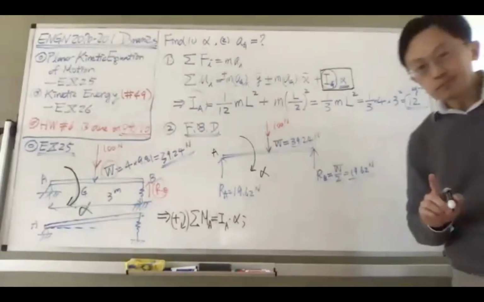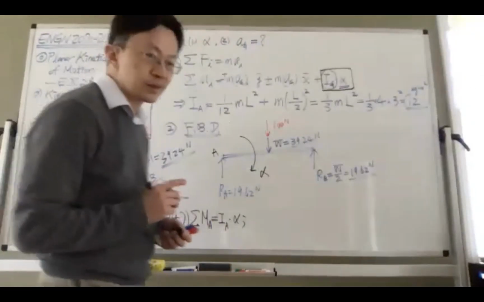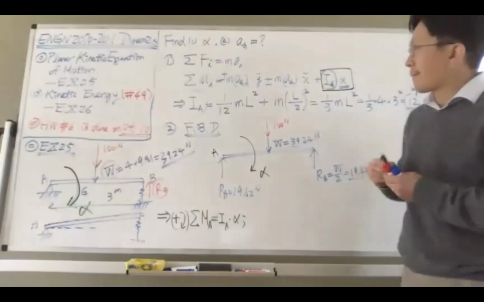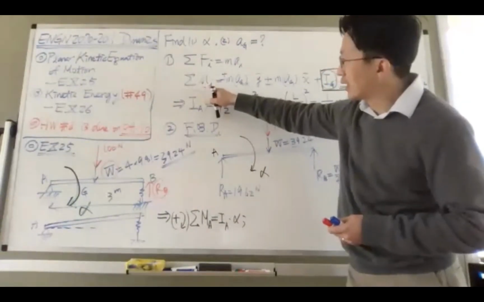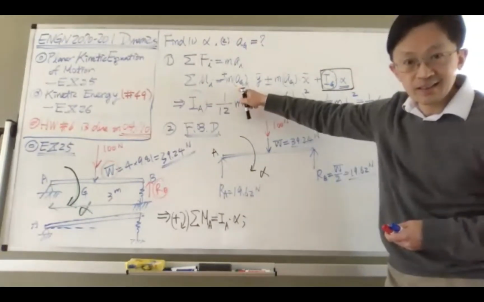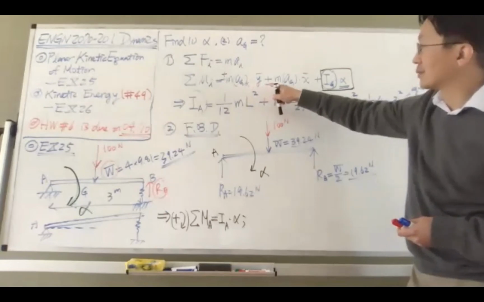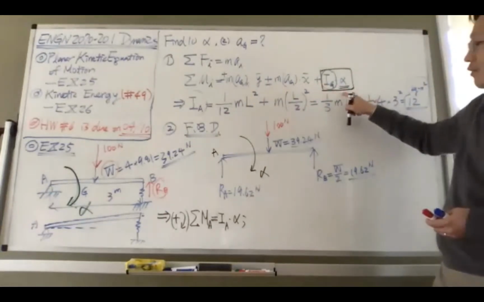Now, before I continue, some of you may wonder: in this equation, I said summation of moment at any point equals m times ag times y bar, plus or minus m times ag times x bar, plus Ig times alpha.